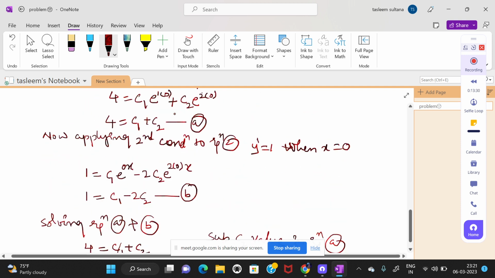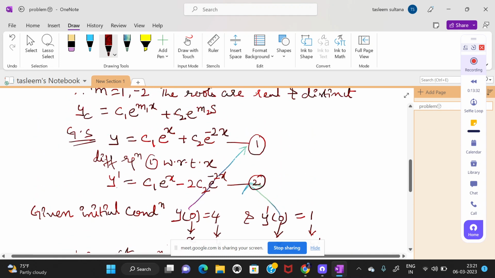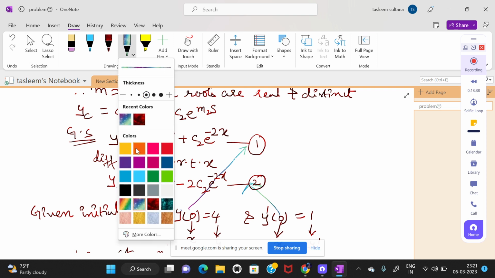These values you have to substitute into the general solution, equation number 1.